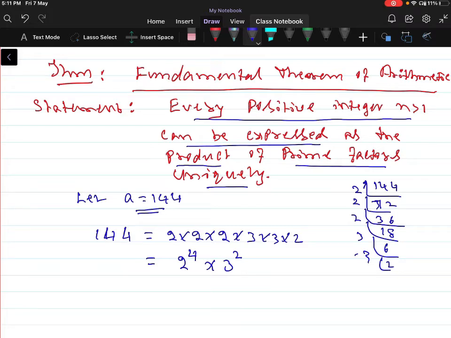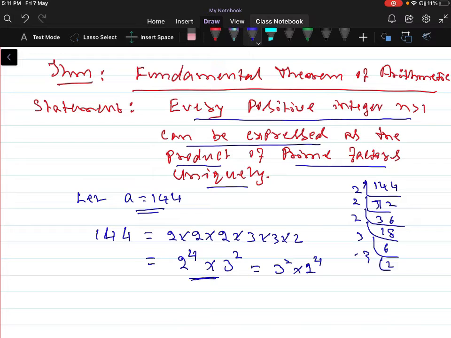Where 2 and 3 are the prime factors, therefore 144 can be written as a product of prime factors, that is 2 to the power of 4 and 3 square. So this prime factorization is unique. Maybe this can be written as either 2 to the power of 4 into 3 square, or you can write 3 square into 2 to the power of 4. The order of the factors may be changed, but it is a unique representation.